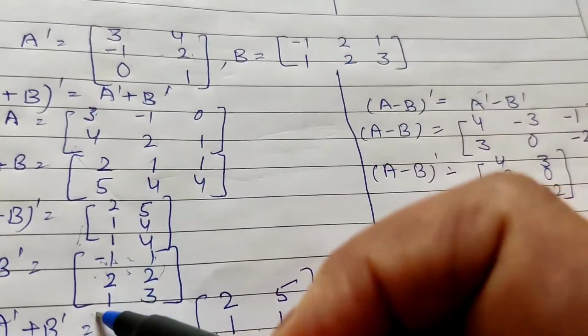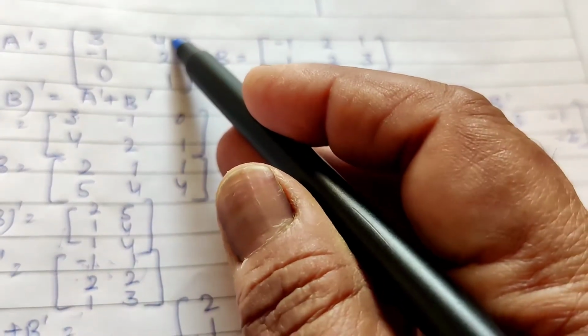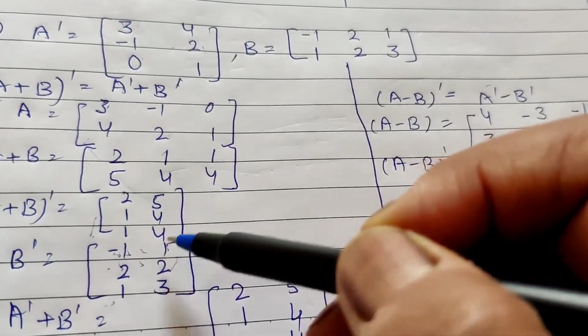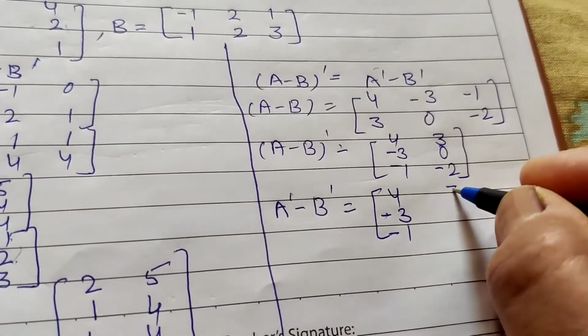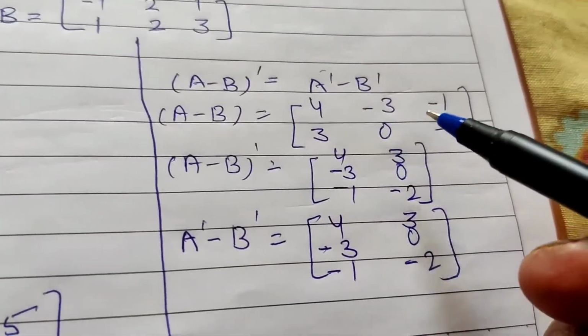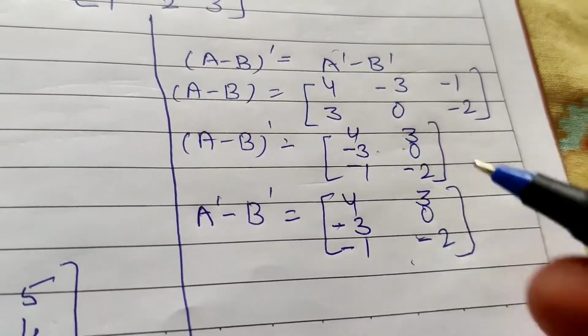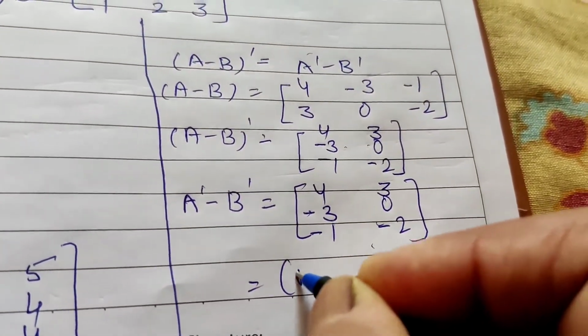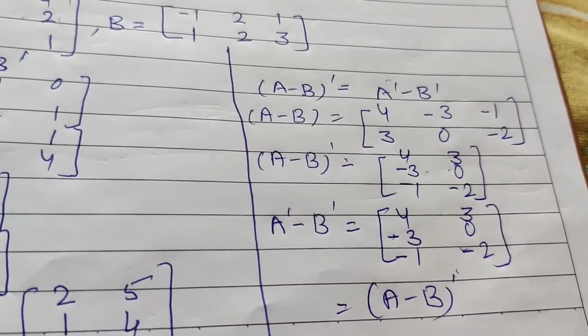And 0 minus 1, minus 1. And the second column 4 minus 1, 3. 2 minus 3, 0. 3, 0 minus 2. This is equal to this. It means A minus B transpose. Hence proved.